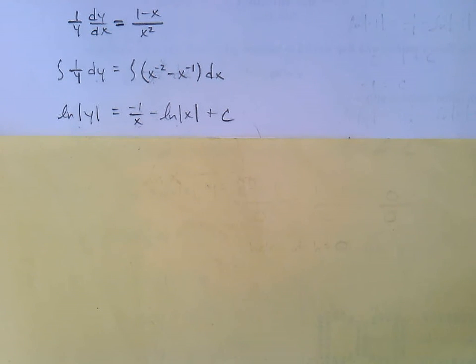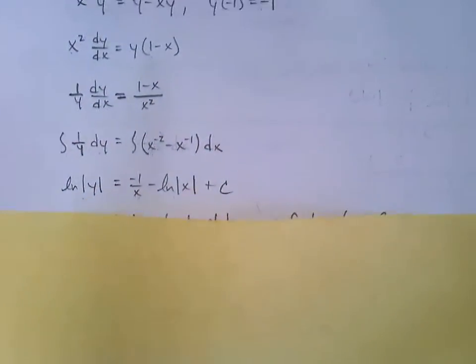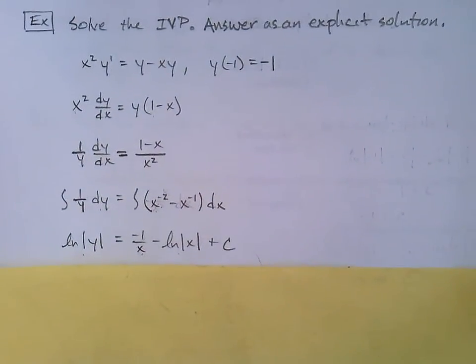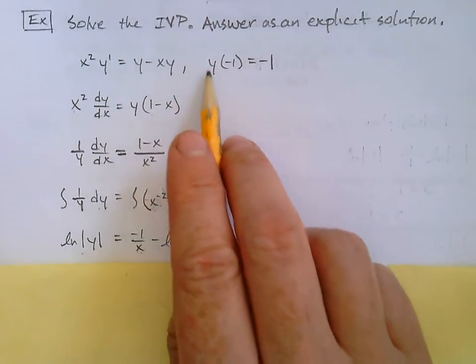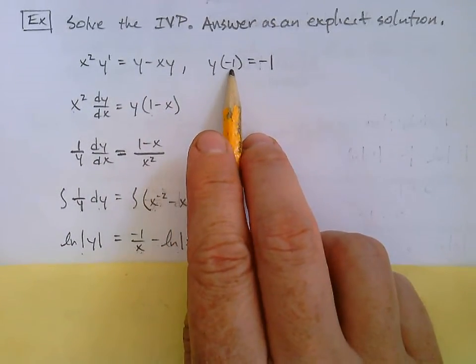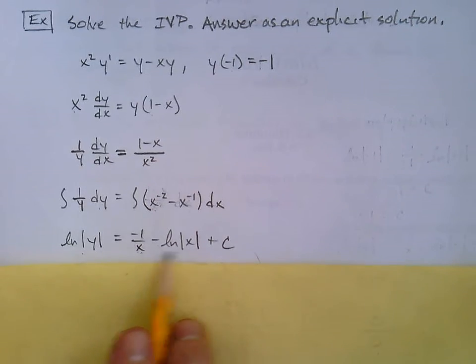From this point, we have two ways we could go. Neither is better or easier than the other. Once we have the solution, we need to do two things. We need to solve the IVP, so that would be using the initial condition. We need to plug in the x value and the y value and figure out the value of c.